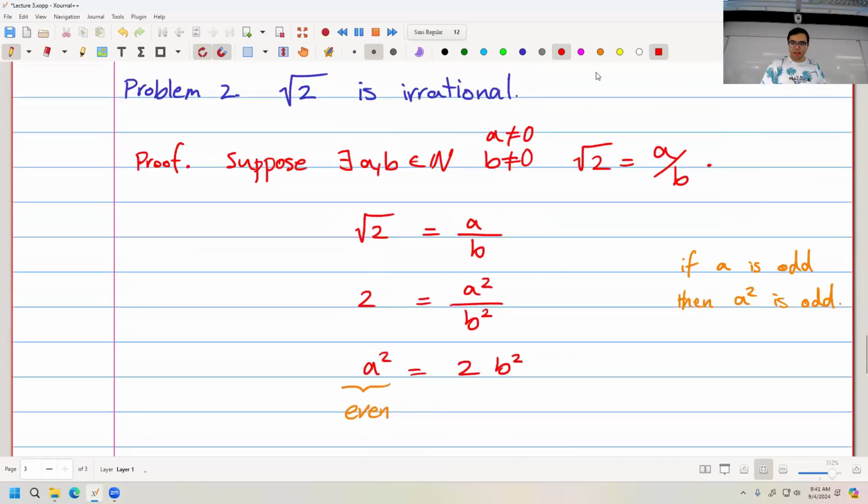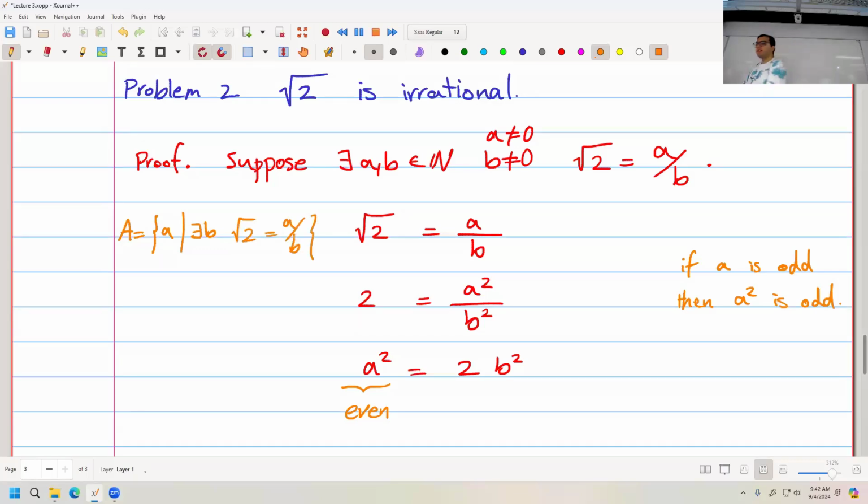Well, I can say, suppose that I look at the set of all the numbers that can be the numerator here. So I say, suppose my set A is basically the set of all natural numbers A, such that there exists a B where square root of 2 is equal to A over B.